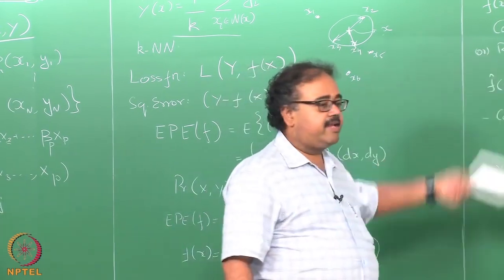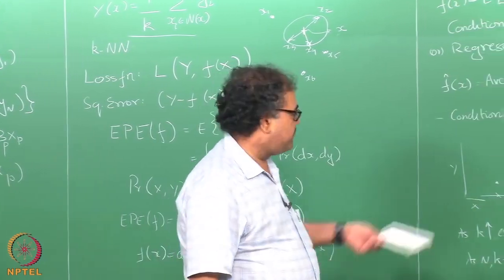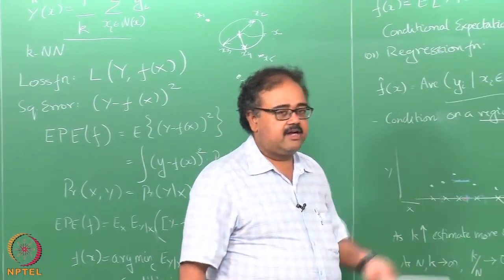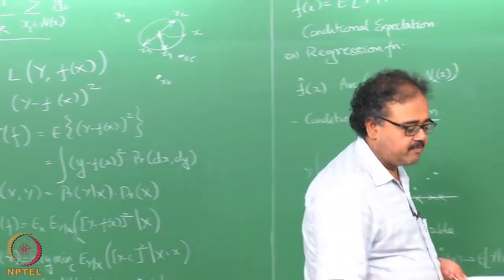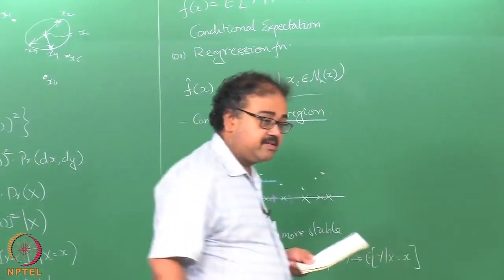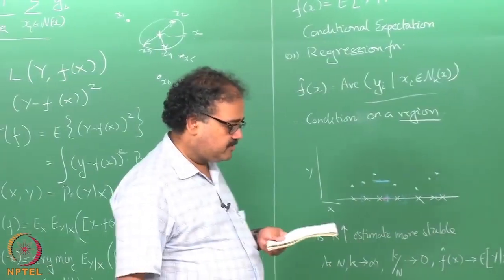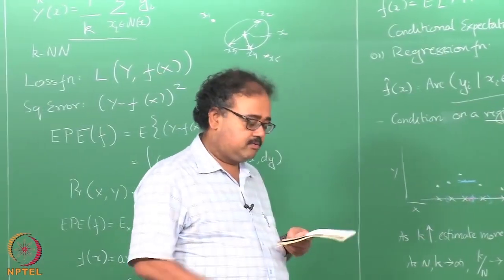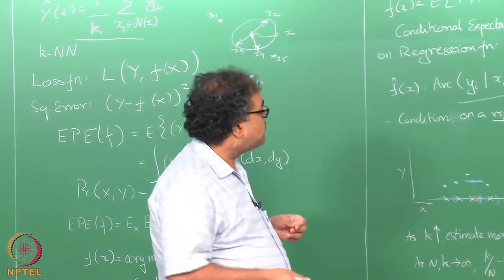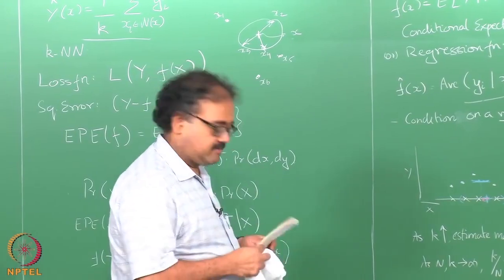Remember, we did not make any assumptions about the function f. So, the function f could change as drastically as we want, and that means that we are trying to keep the bias as minimal as possible, and so we would like to remove that assumption.